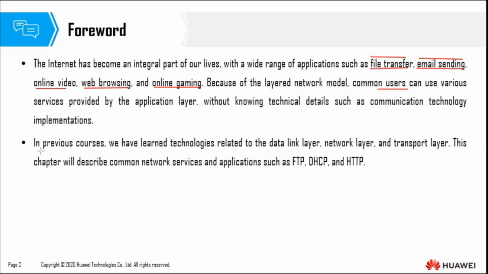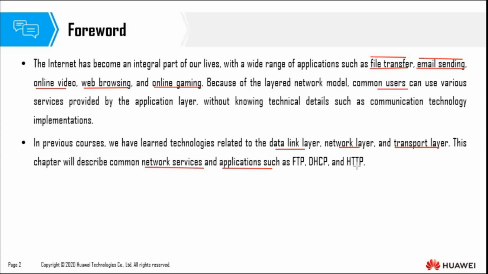For example, in the previous courses, we have learned technologies related to the data link layer, network layer, and transport layer. This chapter will describe common network services and applications such as FTP, DHCP, and HTTP.